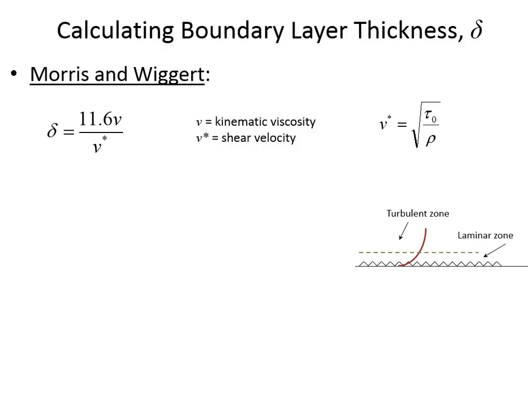Okay, so there's two things we're simultaneously putting together to tell us how thick this boundary layer is. Would anybody be willing to put in their own words what the boundary layer is? Who's the brave soul?